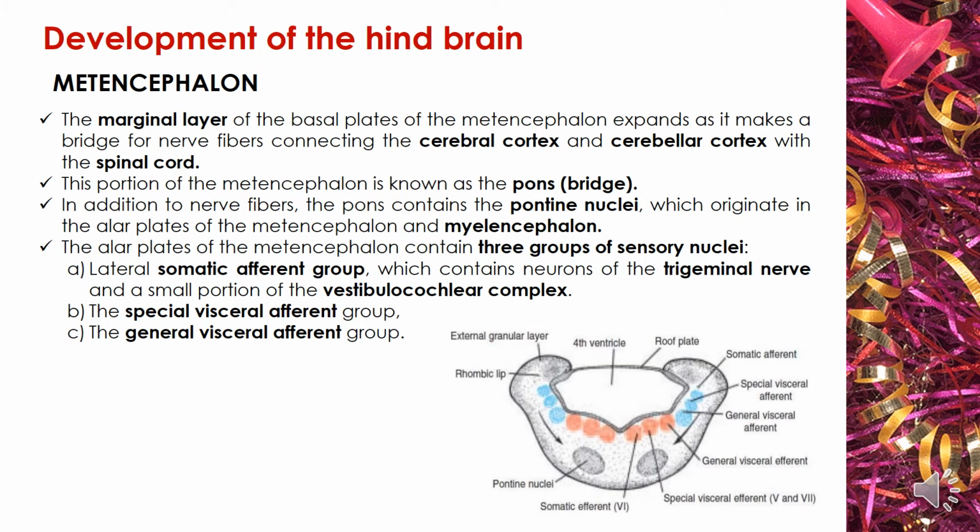Now, the marginal layers of the basal plate of the metencephalon expand, making a bridge for nerve fibers. This bridge connects the cerebral cortex and cerebellar cortex with the spinal cord. This portion of the metencephalon, the bridge for nerve fibers, is known as the pons, or the bridge.